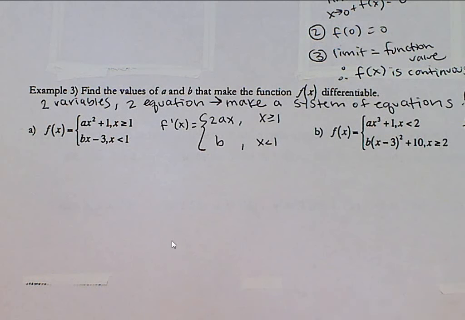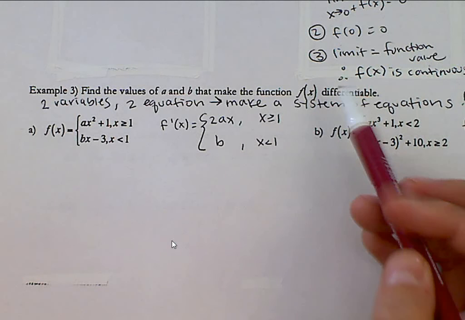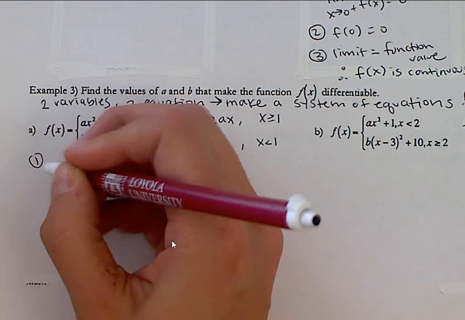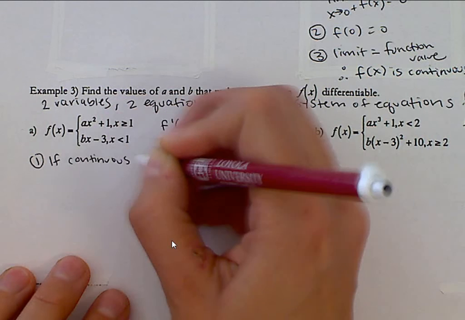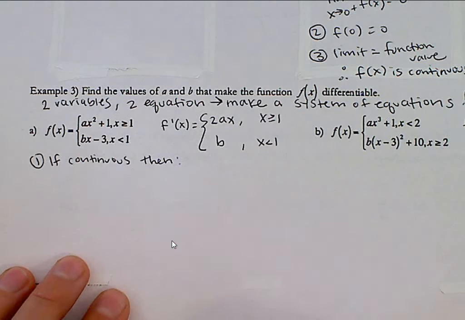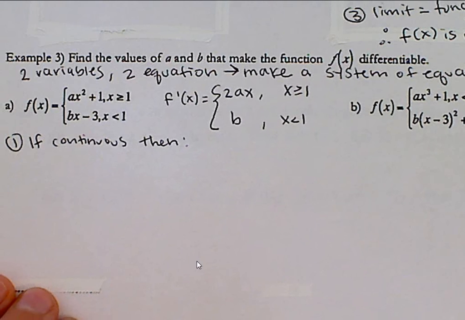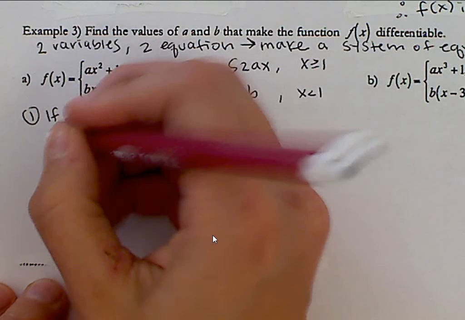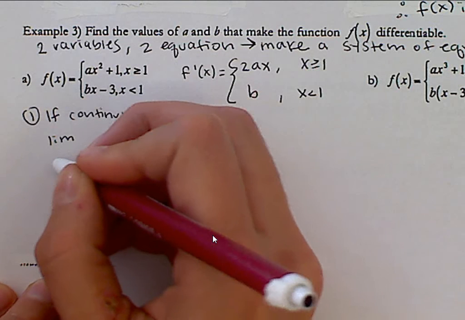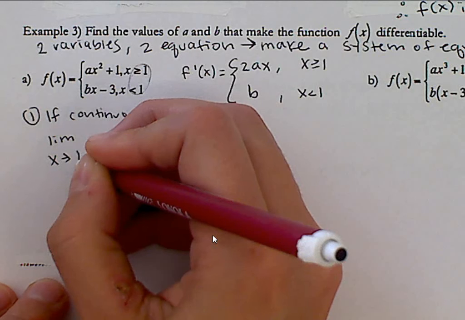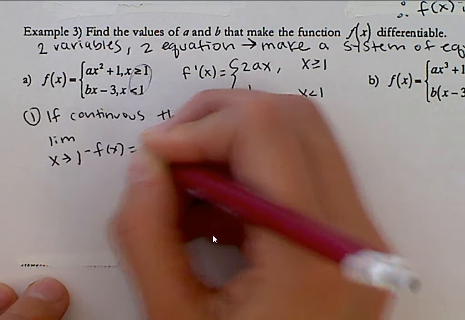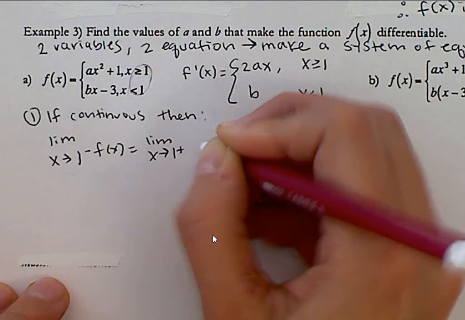Since I'm going to make this differentiable, I also know that this function must be continuous. So if it's differentiable, it must be continuous. So if it's continuous, I know that the following must be true. The limit as x approaches 1, I'm going to choose 1 because of those, from the left of f of x must equal the limit as x approaches 1 from the right of f of x.